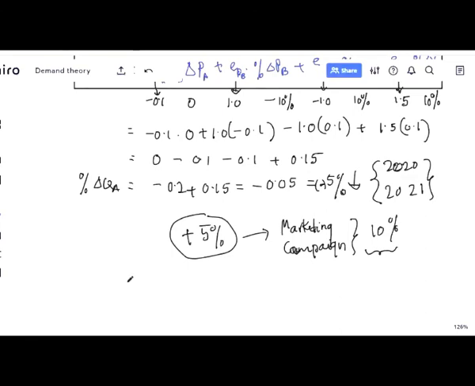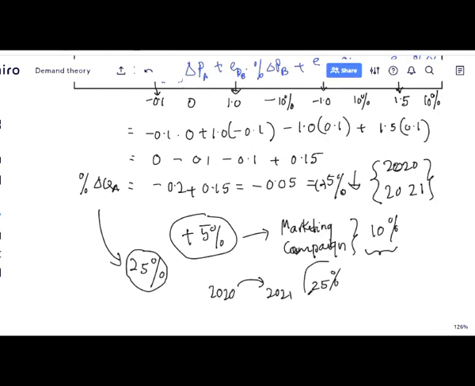I'm assuming that I'm giving you another set of numbers, and it is possible this number will change to plus 25%. Possible or not? Possible. If this number becomes 25%, it is giving you a number. It's saying that between 2020 and 2021, the sales will go up by 25% without doing any marketing, because I have not added any marketing here.